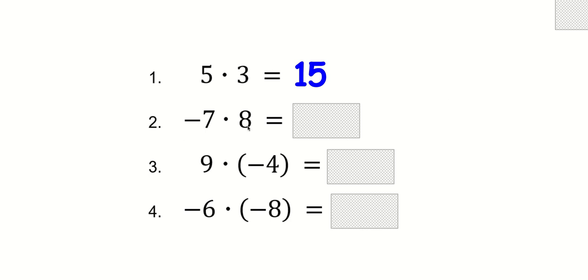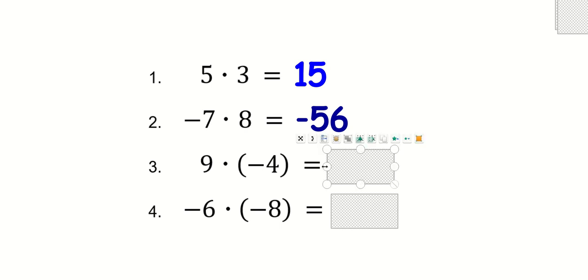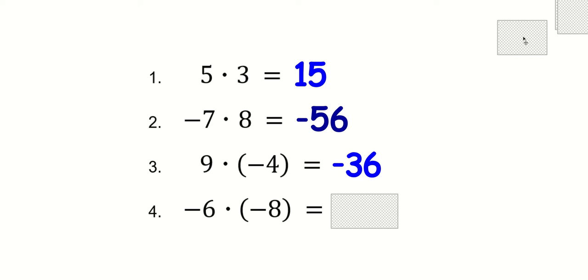Negative 7 times a positive 8, that gives you a negative 56. When the signs are different, it's negative. Again, signs are different, so this answer is going to be negative, and is it negative 36? And then a negative 6 times a negative 8, that'll make a positive, right?